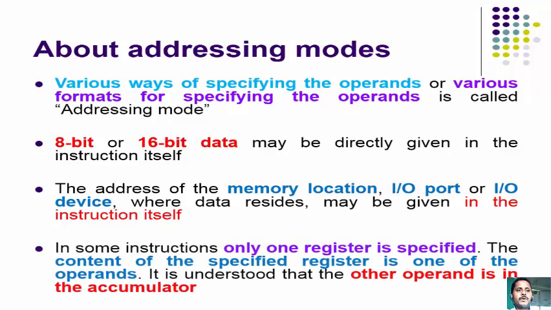In some instructions only one register is specified, that is a 1 byte or 2 byte instruction. The content of the specified register is one of the operands. It is understood that the other operand is in the accumulator. So this is for the 1 byte instructions.